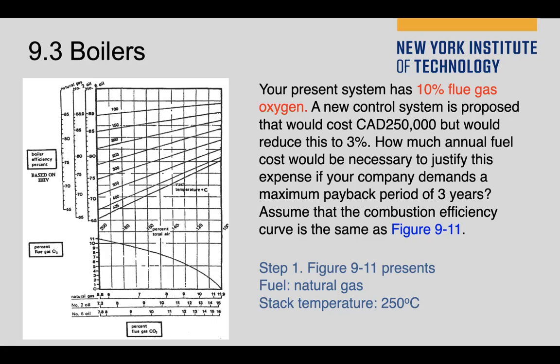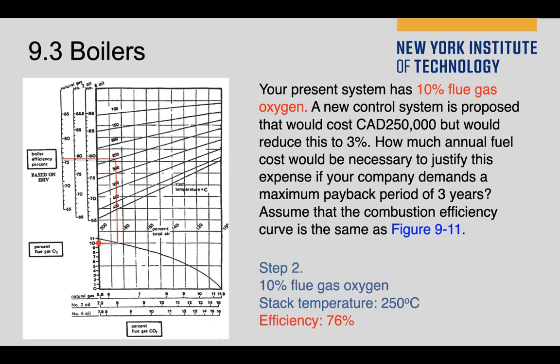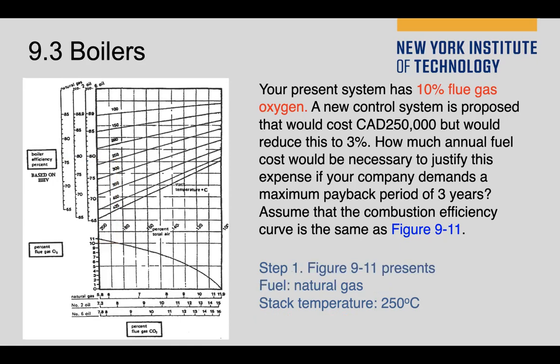So let's take a look at the question. Your present system has 10% flue gas oxygen. A new control system is proposed that will cost 250,000 Canadian dollars, but would reduce it to 3%.